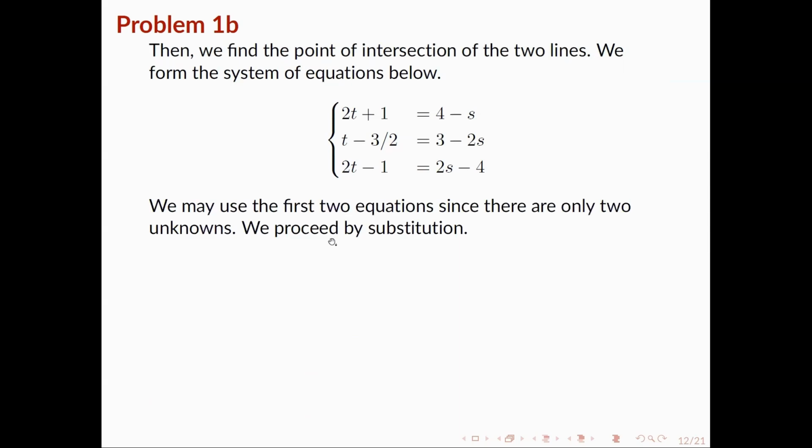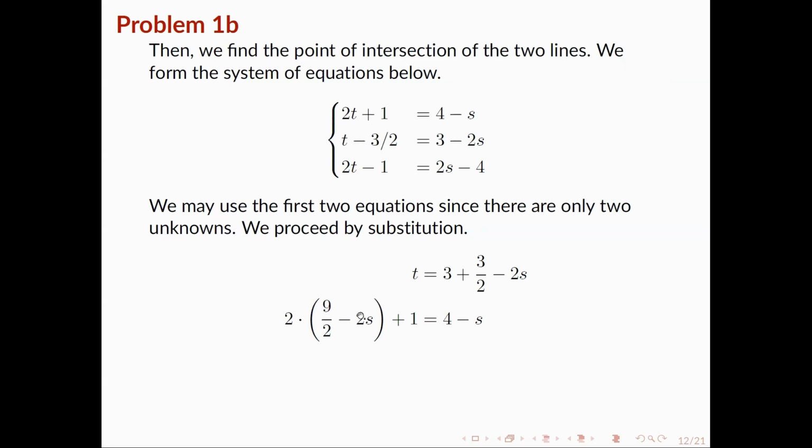And then we're going to proceed by substitution. So from equation number 2, we can add both sides by 3 halves para ma-isolate si t. And then we're going to have t equals 3 plus 3 halves minus 2s. And then, itong t na to, we can substitute this dun sa first equation.